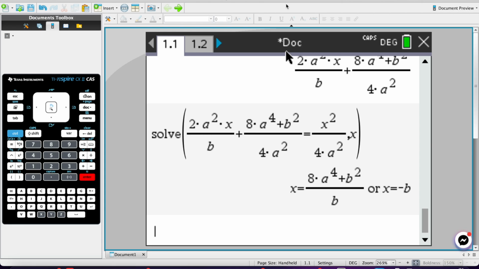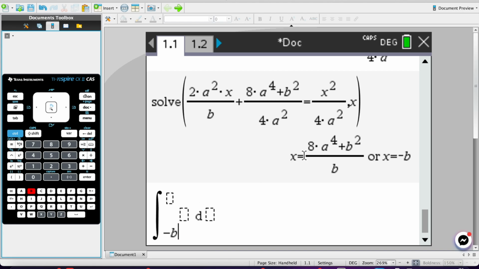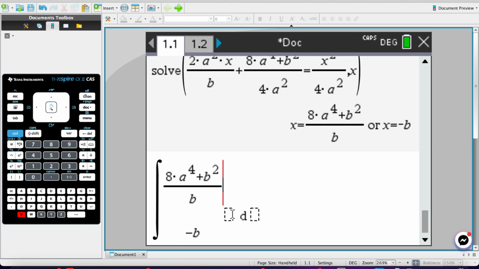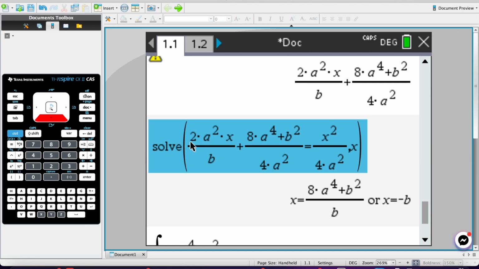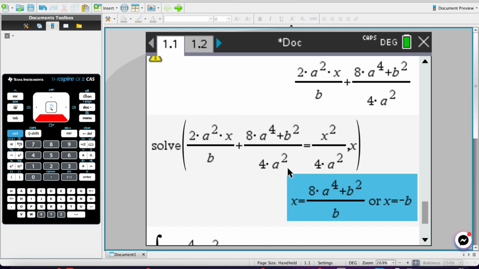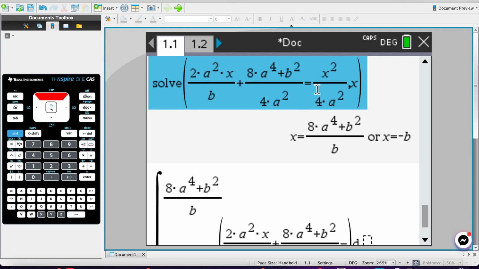So on the CAS, we've got -b to this thing here of that function that we found before minus this one here.